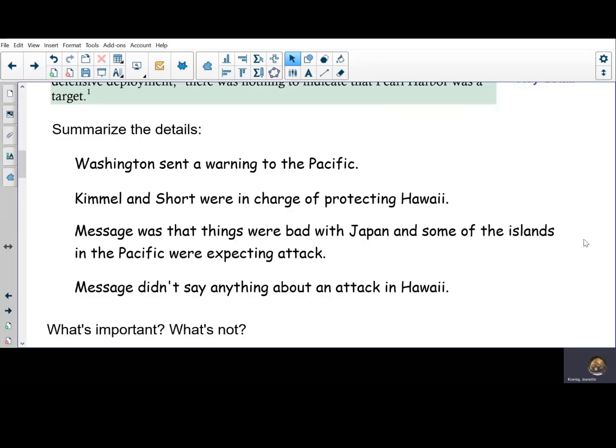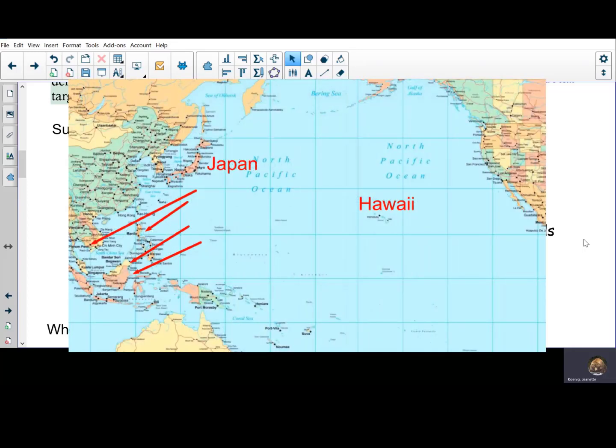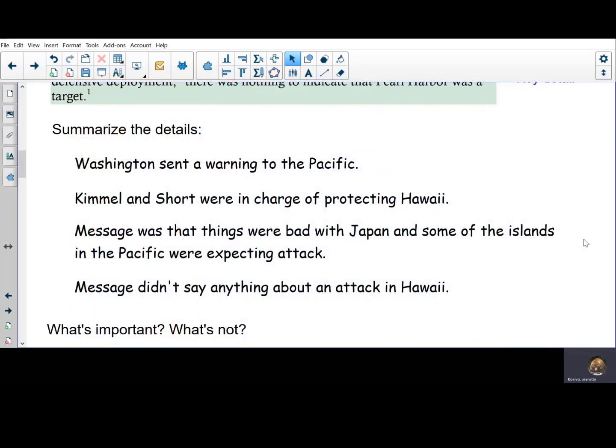I do agree, but it's also possible that some of this is Monday morning quarterbacking. I wasn't there, so I obviously don't know. I would interpret the message as stuff could be about to happen in the islands that are much closer to Japan, the islands that Japan has been eyeballing lately, and we put the naval base out there for a reason.